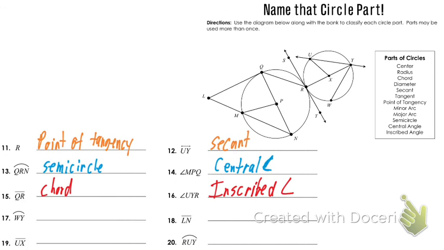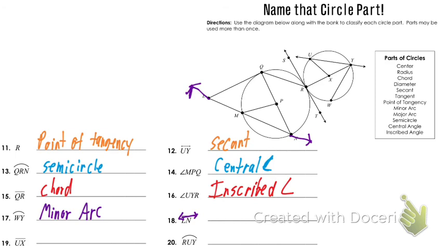17. Arc WY. Let's go with Ryan. Minor arc. It is a minor arc. 18. Segment LN. It might be easier to think of this as a line LN. I'm going to change it to line LN.